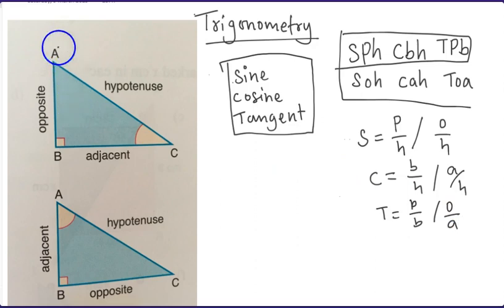In this figure we have A, B and C, and the longest side of this triangle is the hypotenuse, the adjacent side is the base, and the side opposite this angle C is the opposite side.